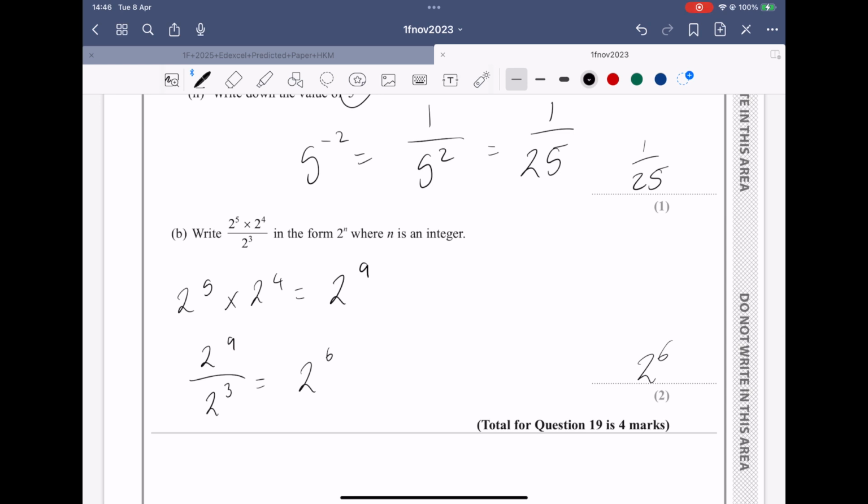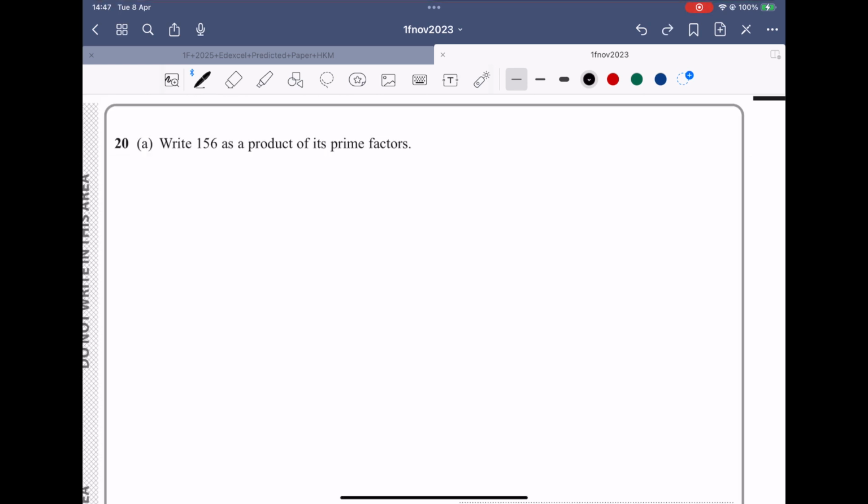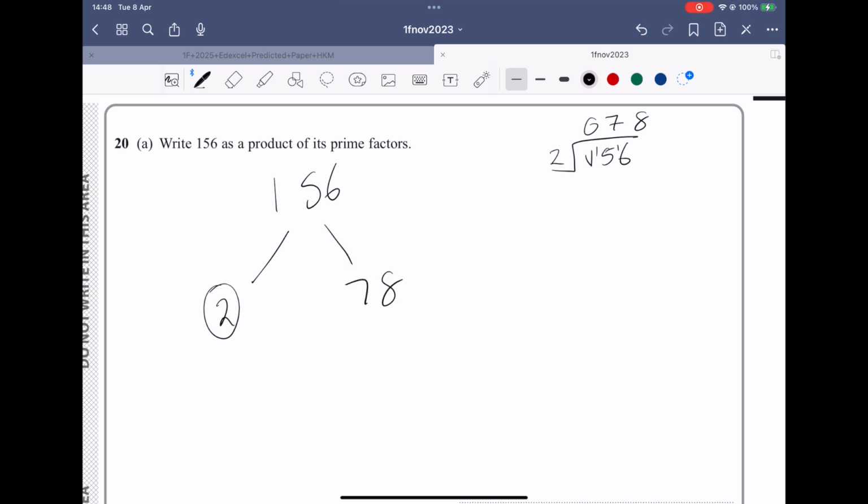Okay? Moving on. Okay, so we're going to write 156 as a product of its primes. So 2, we're going to half it, so I'm just going to do my bus stop for it. Okay, so it goes into that 7 times, make a 1, 8, so 78. Split it up again in half.